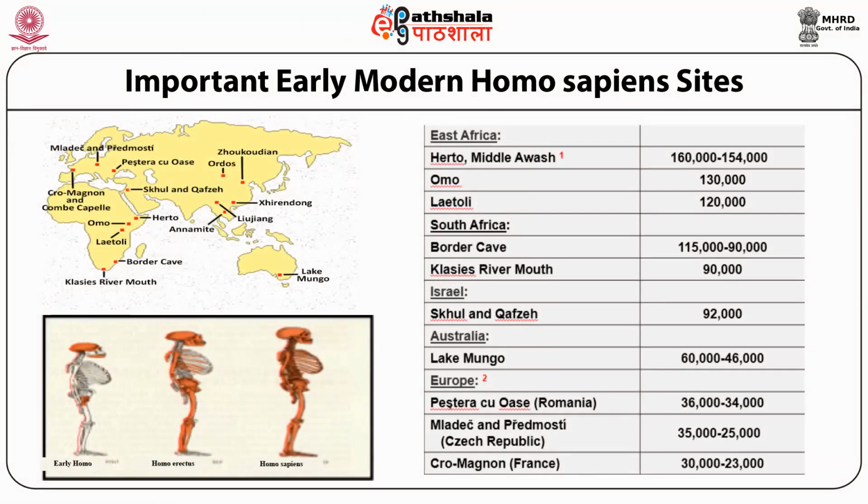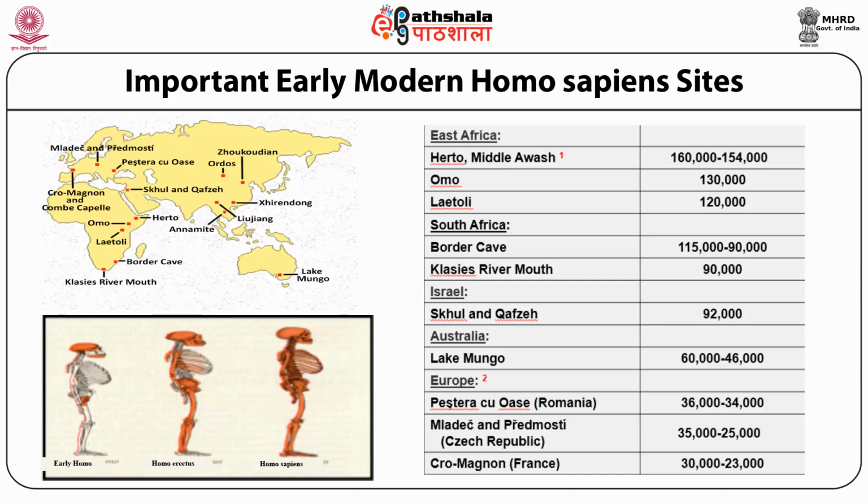Important early modern Homo sapiens sites. The important early modern Homo sapiens sites were distributed across great parts of Africa, Europe and Asia. In East Africa, the important sites are Hato, Omo, and Lesotho, whereas in South Africa, the important sites are Border Cave and Klasies River Mouth.